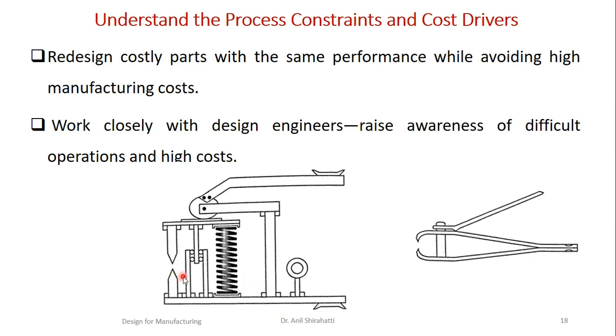But the new design is very simple. It will take less cost for manufacturing, and also less maintenance. If anything gets stuck in the spring here, there will be a problem. So from the maintenance point of view it is very important.